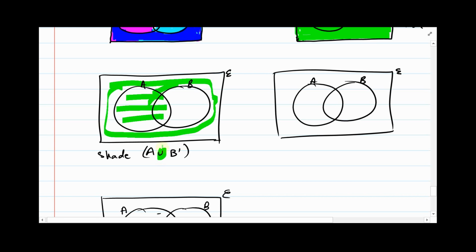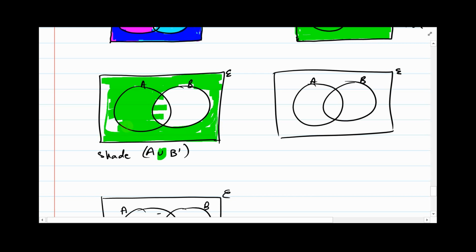Including actually some portion of A. So if I shaded B complement first, as I seem to be doing here, this is B complement, but if I get the rest of set A, then all of this region is what is shaded.